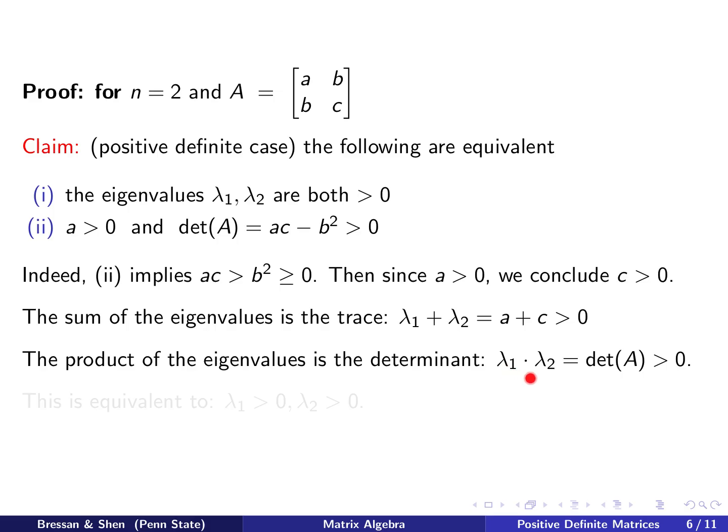That is, lambda 1 times lambda 2 will be the determinant of A, which is strictly bigger than 0. Now we see that the sum of lambda 1 and lambda 2 is bigger than 0, and the product is also bigger than 0. Therefore, we conclude there's only one possibility, that they are both bigger than 0.